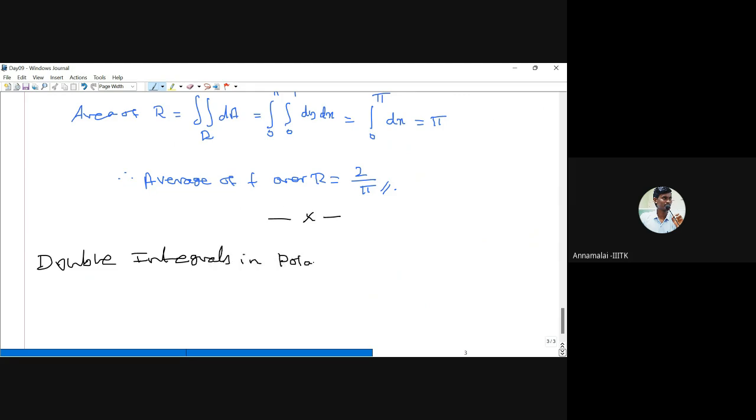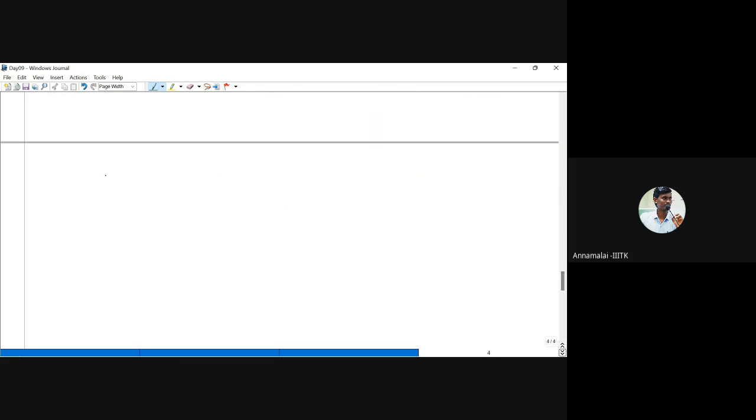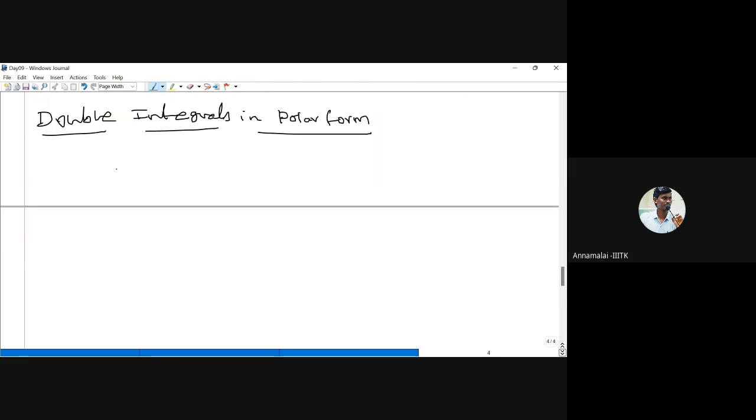So you have to substitute x equal to r cos theta, y equal to r sin theta, and the integration we have to do in terms of r and theta. So the given function f of x comma y has some limit. You substitute x equal to r cos theta, y equal to r sin theta.